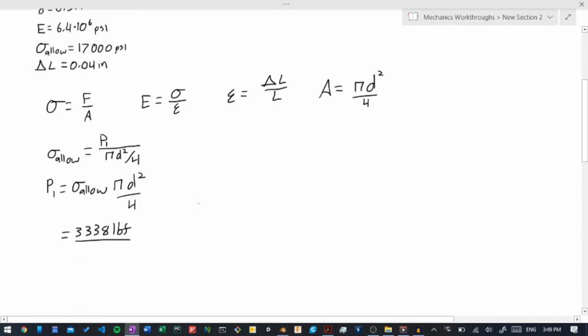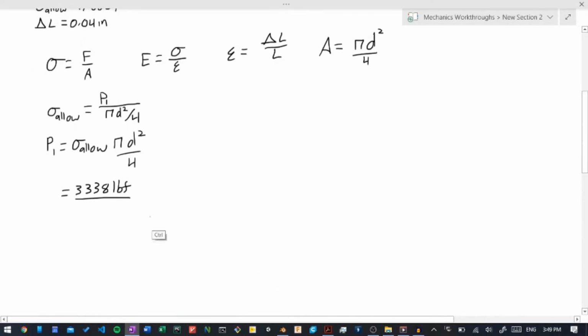So for this one, we'll be using the other equations. So this one right here with our Young's modulus and our strain. So we're going to rewrite this for our situation. So we have E is equal to, and instead of saying sigma allow, we're going to change this to our force P over our cross-sectional area, which is pi d squared over 4.